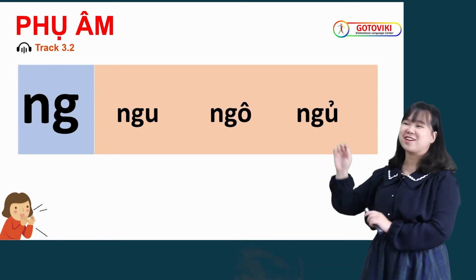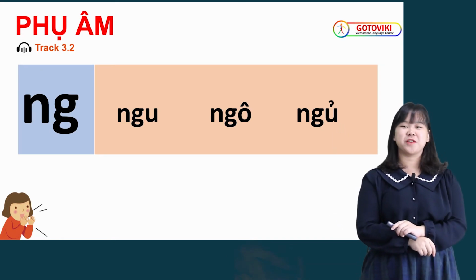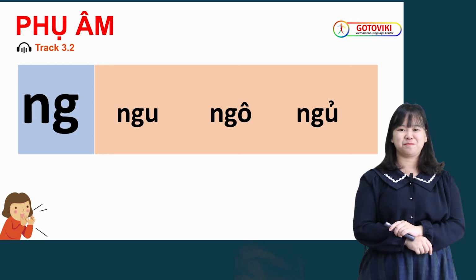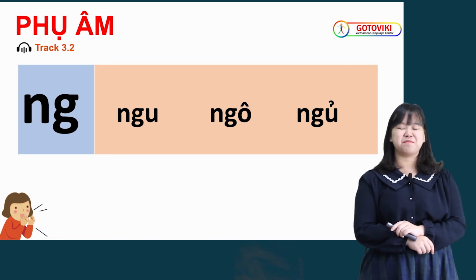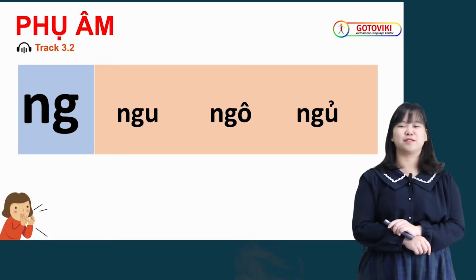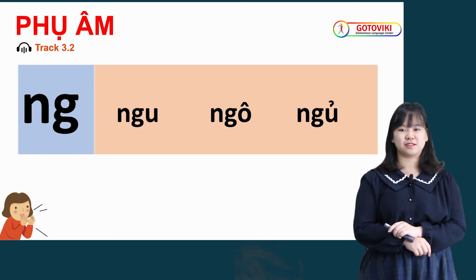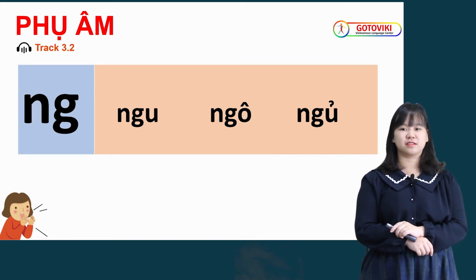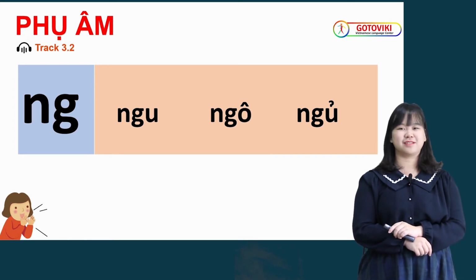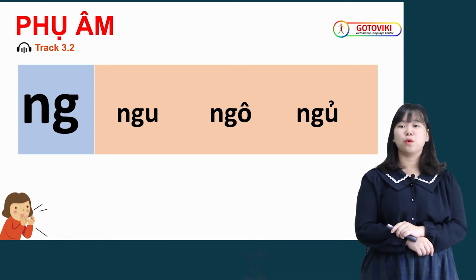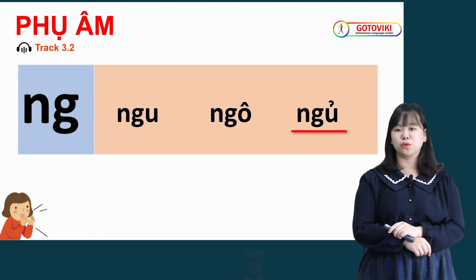Now we move to the next consonant today, ng with the first writing way, ng đôi. Ng đôi is made up of two letters, n and g. Okay, đọc theo mình nhé. Ng, ng, ng. For example, ngu, ngô, ngủ.